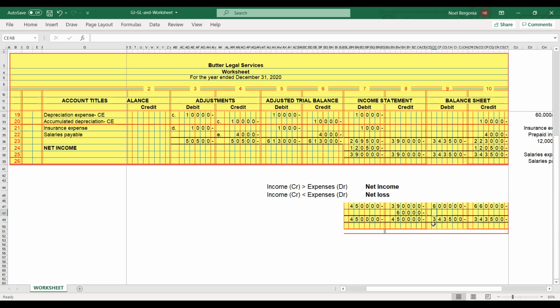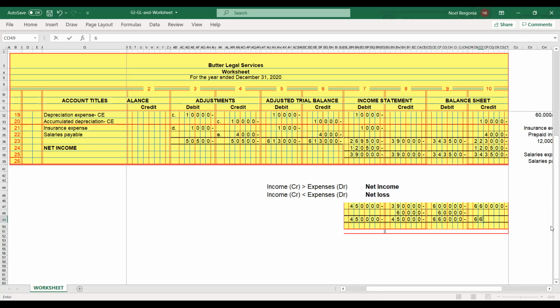Okay. So ngayon naman, kung mapapansin niyo, mas malaki yung credit ng balance sheet kesa sa debit. Okay? So difference 60,000, idadagdag niyo dun sa mababa, which is the debit side, 60,000. Okay? So pag in-add natin, that will now be 660,000. So equal na sila. Okay?